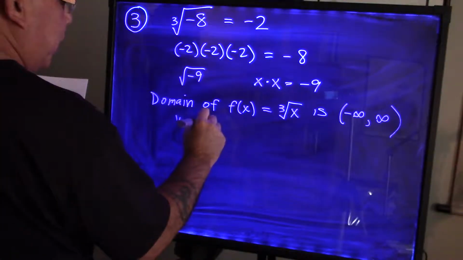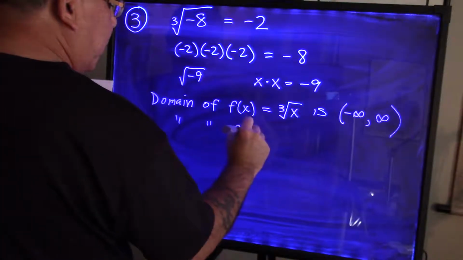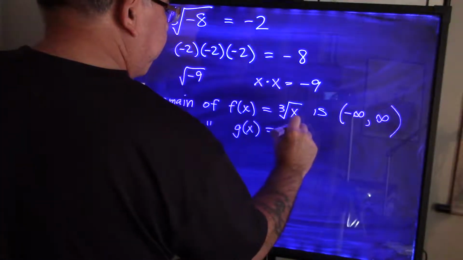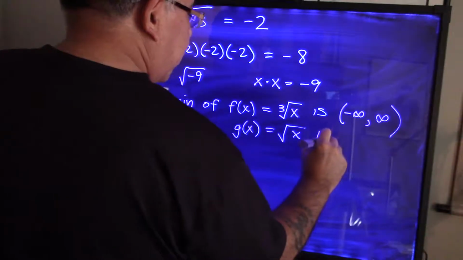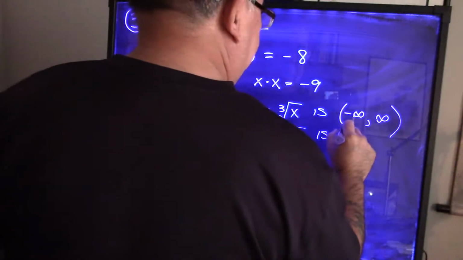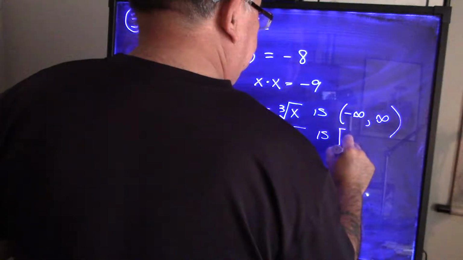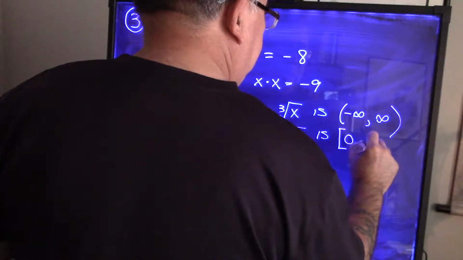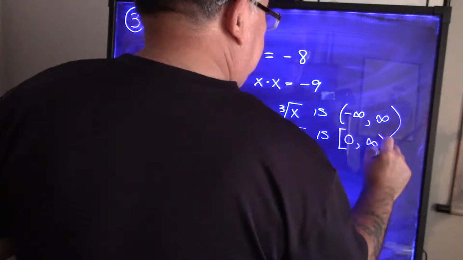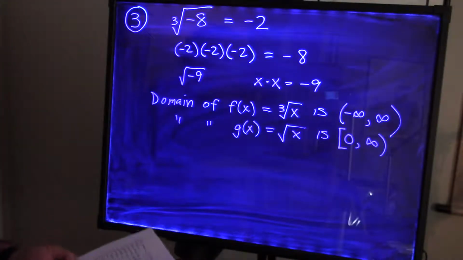And the domain of the square root function is everything from 0 to positive infinity, including 0. So here's a half open interval there.